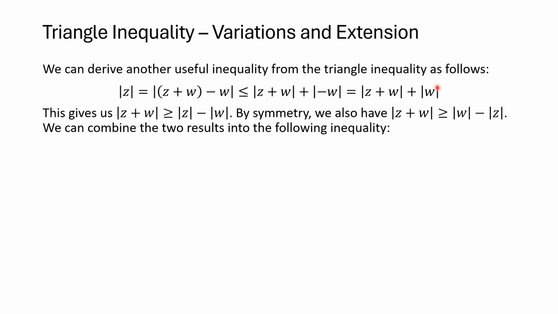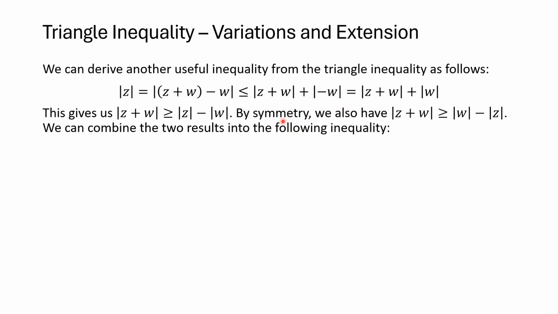And so we can just subtract this term here, the modulus of w, from the modulus of z, and we get that the modulus of z plus w is greater than the modulus of z minus the modulus of w.